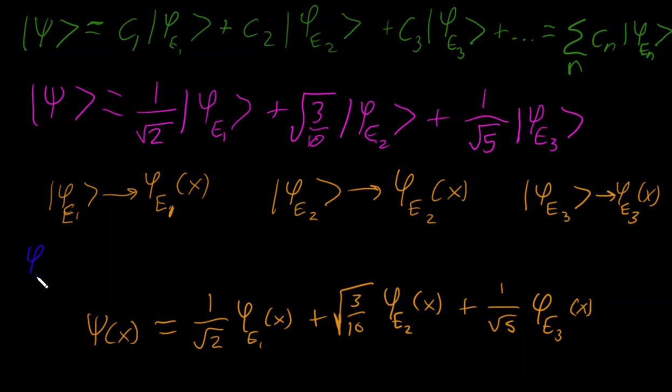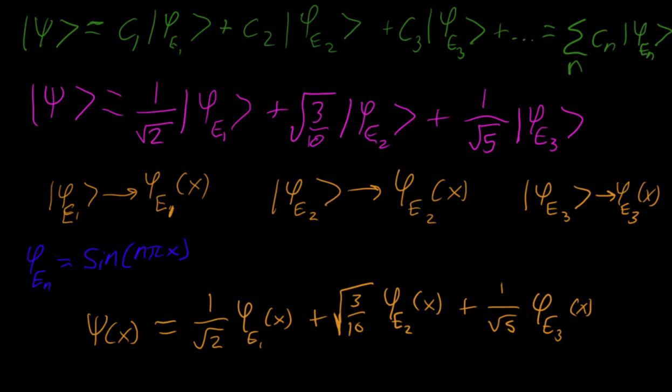So we know that phi sub E sub n is equal to the sine of n pi x.